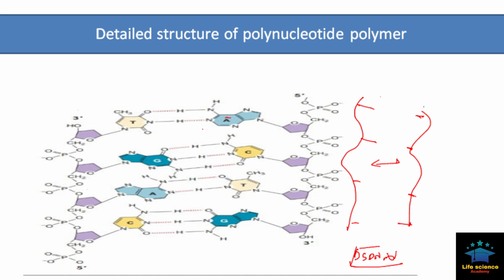And what defines the orientation of complementarity of DNA? There will be the presence of 3' OH, and where is the 3' OH present? The 3' OH is present in the sugar.